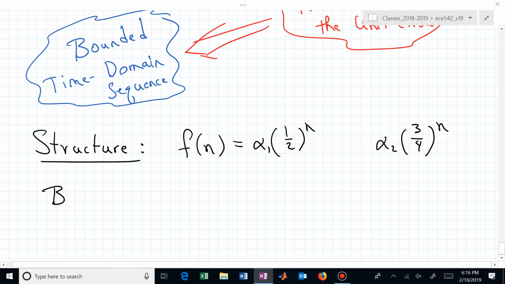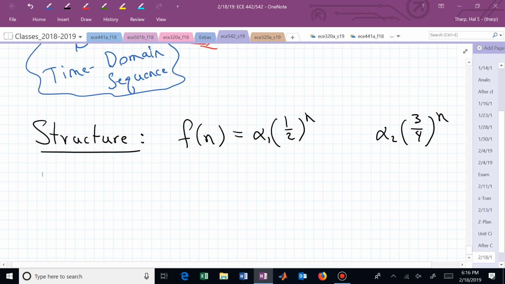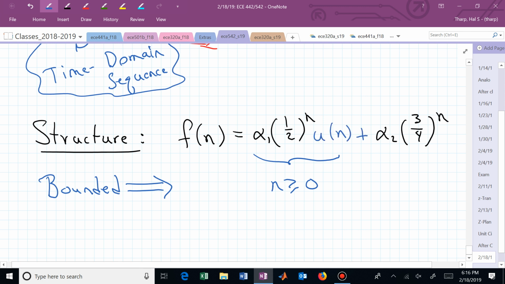Because we know this is bounded. When does this need to be turned on? This is for non-negative values of n. And we can make that happen by saying, oh, let's just switch it on with a u of n.